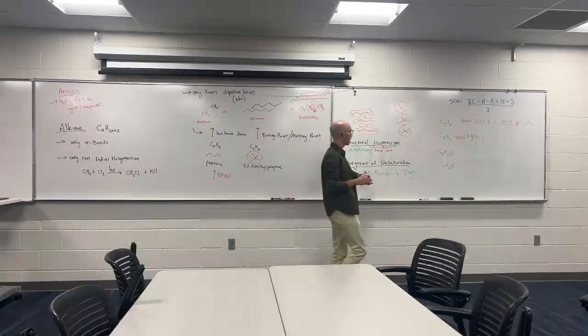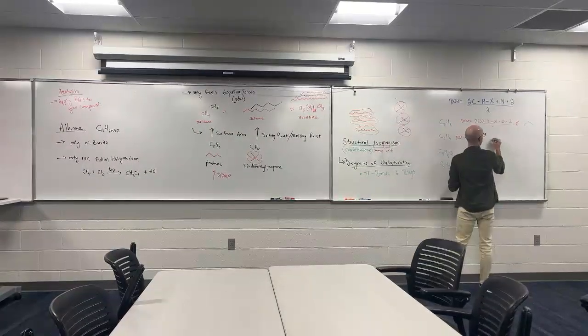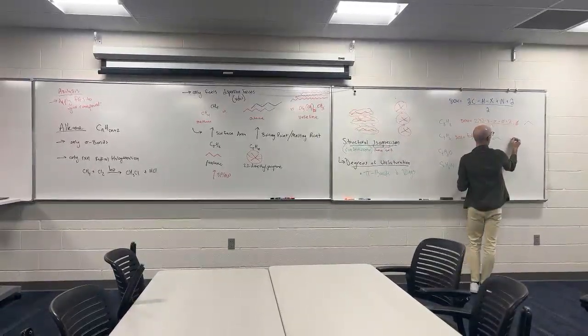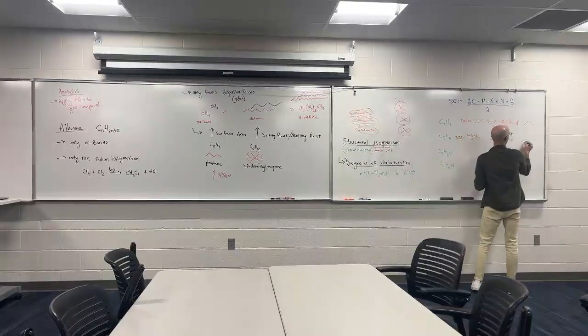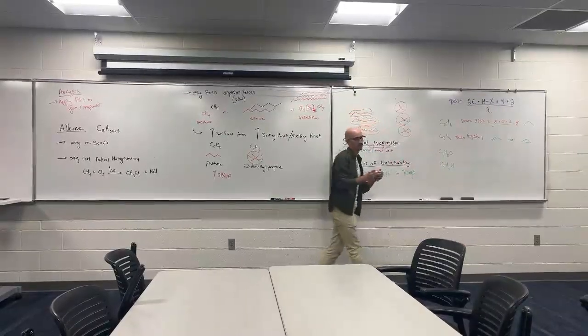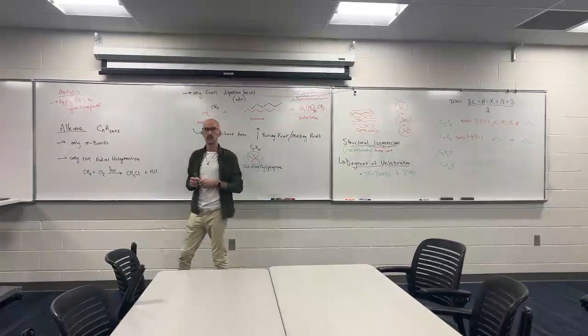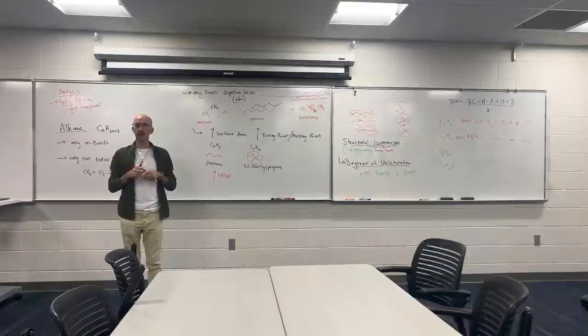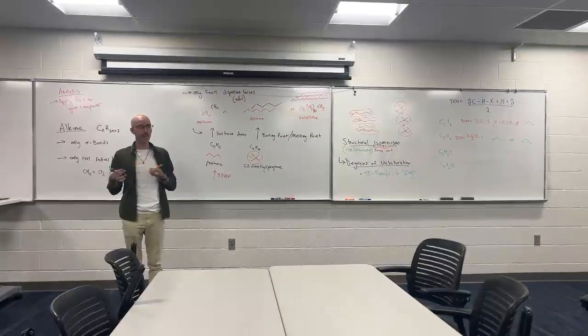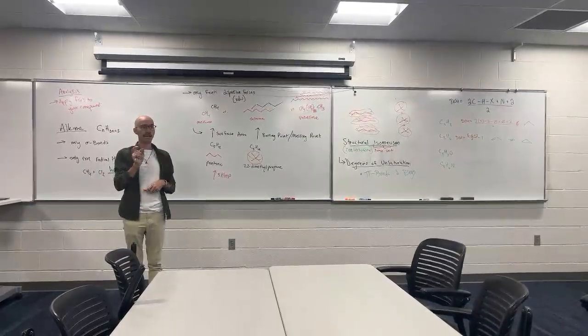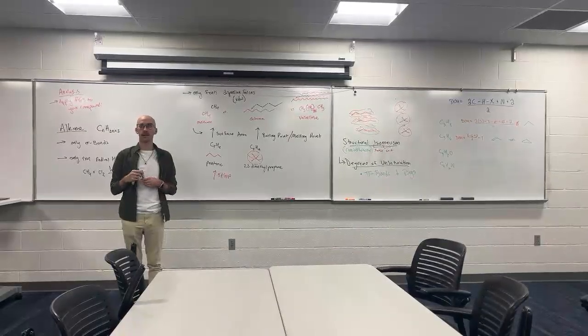Well, you could have 1 pi bond, or you could have a ring. That little triangle might look weird, but it's a pretty common shape in organic chemistry. A cyclopropane ring.